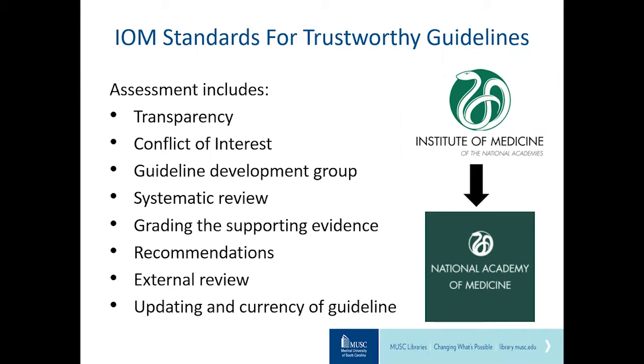For example, is it a single specialty or multiple specialties? Whether or not a systematic review was part of the development process. Whether the supporting evidence for each recommendation was stated and the level of evidence was assigned. Whether the recommendations were actionable, supported by evidence, and graded for strength of evidence.